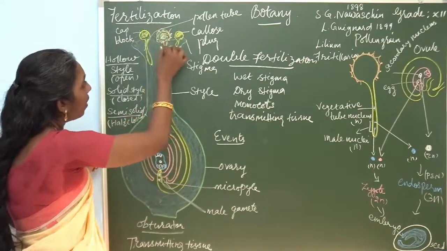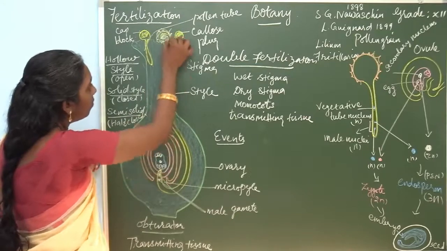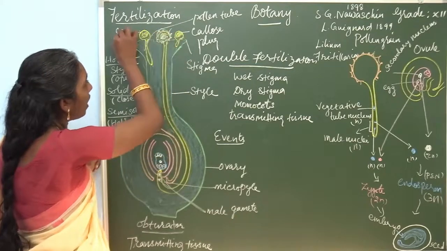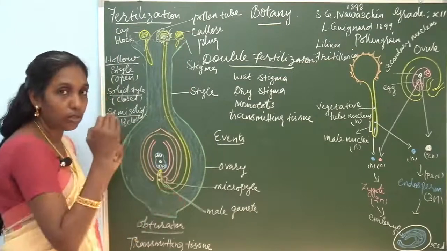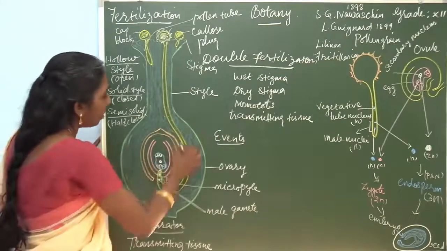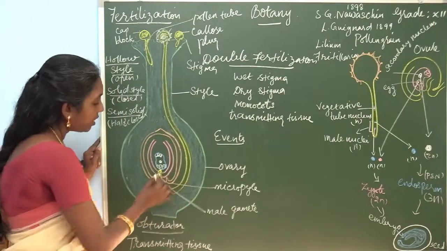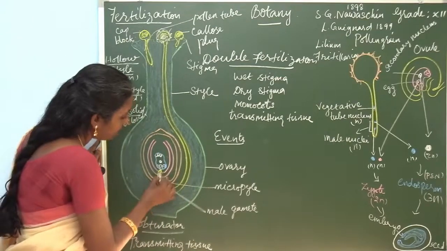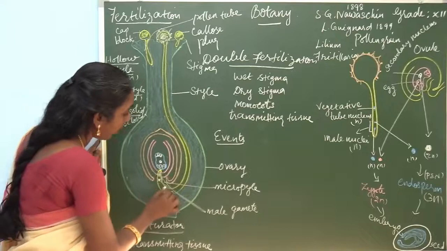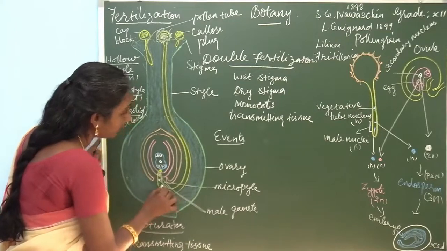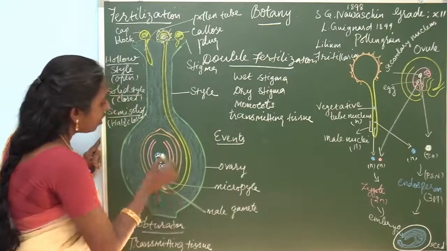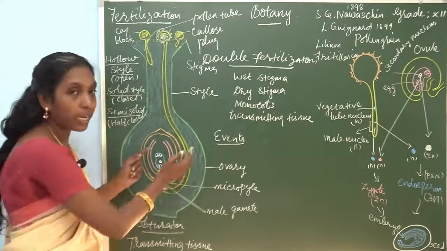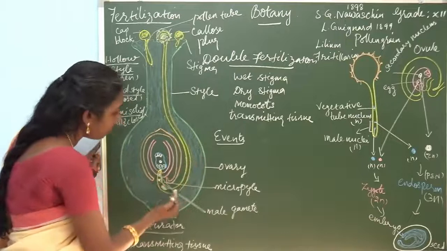So, this is the pollen grain and its tip is the cap block, and the pollen tube elongates. When it grows, it brings the two male gametes and a vegetative tube nucleus, and all the contents are carried along with the pollen tube.